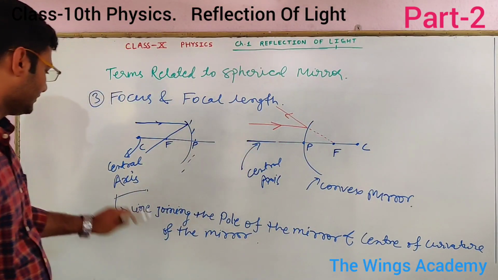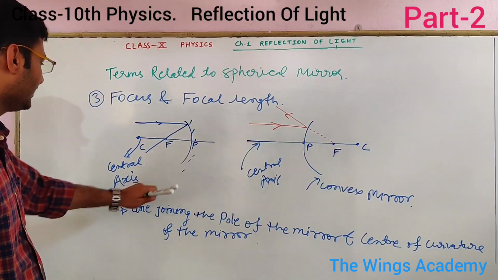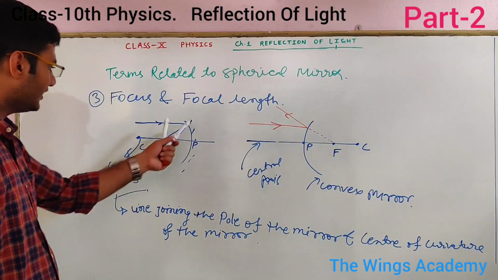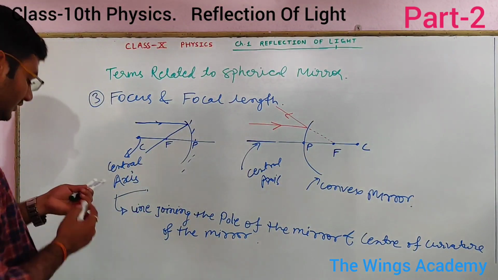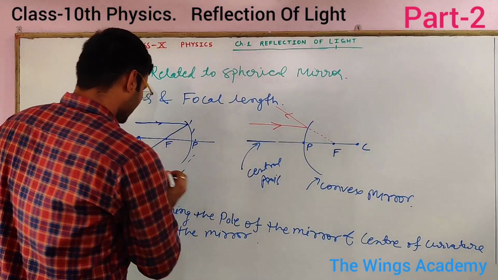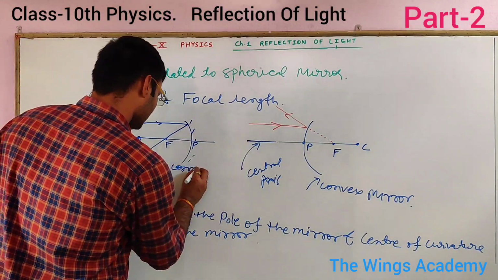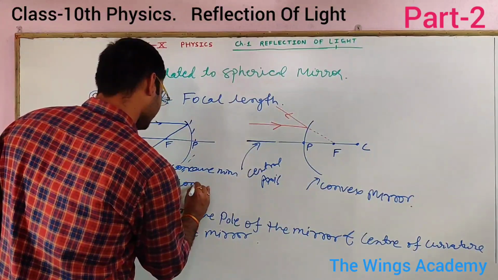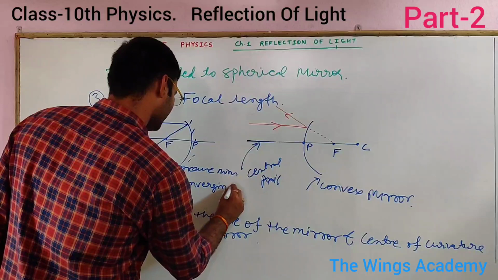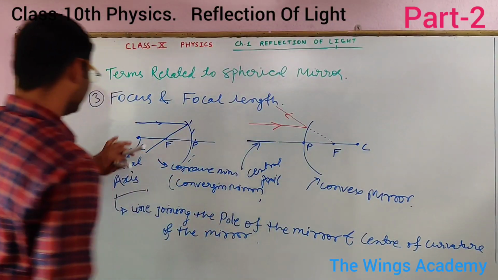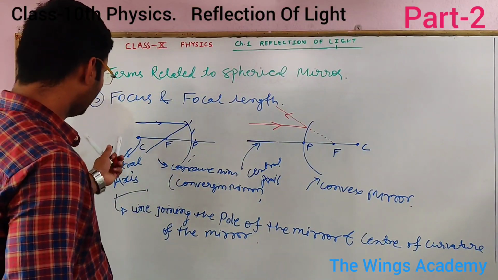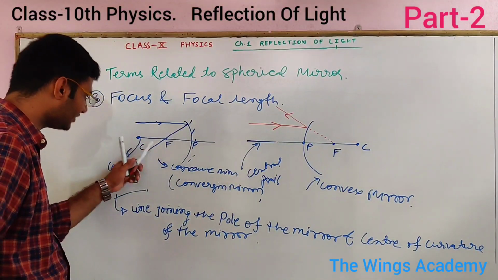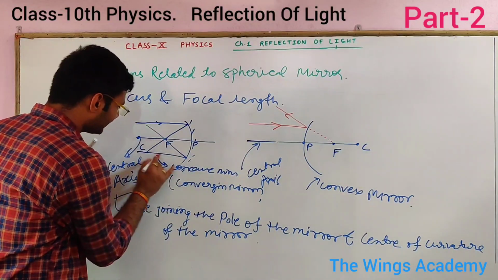In the concave mirror, a light ray parallel to the central axis converges to the focus. So sometimes a concave mirror may be called a converging mirror, since light rays coming from infinity, parallel to the central axis, converge on the focus like this.